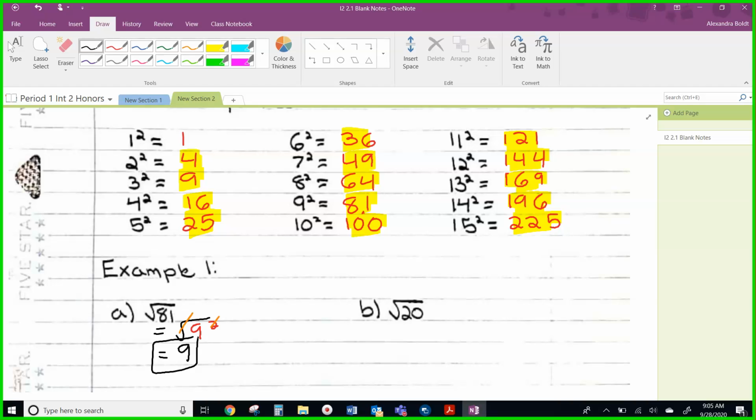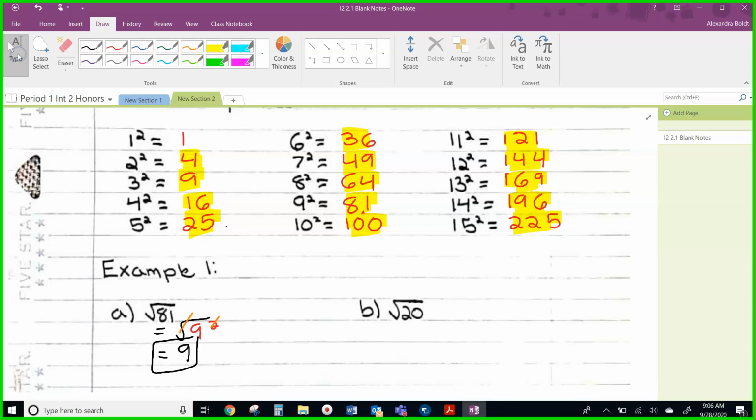Looking at example 2, I want to find the square root of 20, but it goes from 16 to 25. 20 is not on our list of perfect squares.